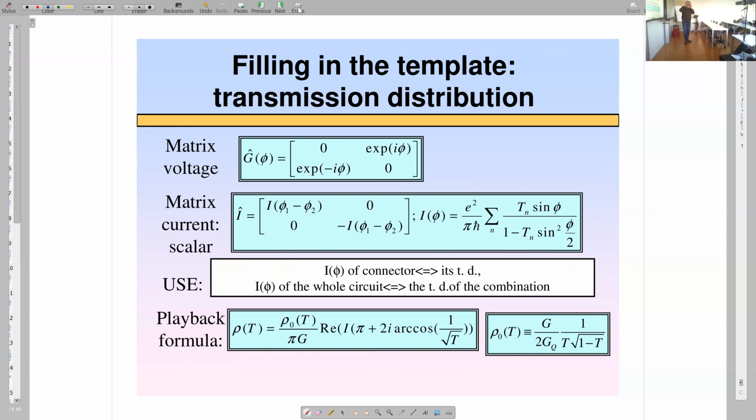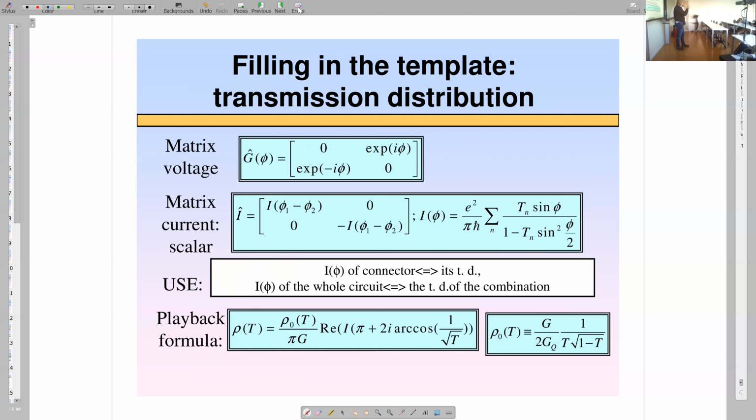Right. Then what I do now, I take a vector characterized by a set of transmission coefficients, and I take these two Green functions and, given the Landauer formula, I compute the current for this.